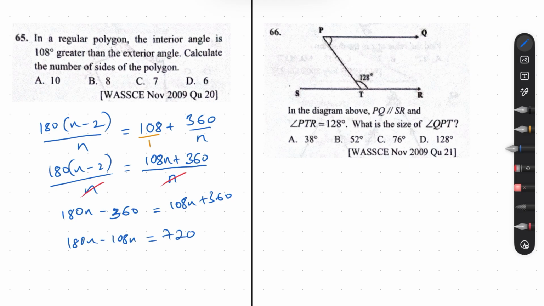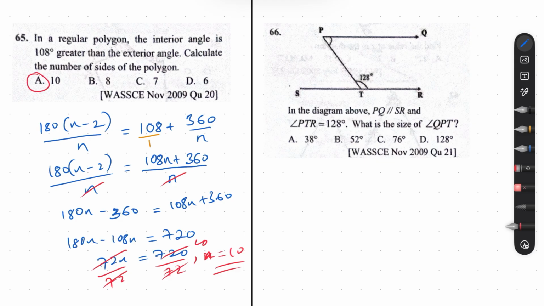So now we should have 72n equals 720. Let's divide by 72. 72 cancels out. Then we have n to be 10, because 72 will go inside 720 ten times. So the number of sides is A, which is 10.